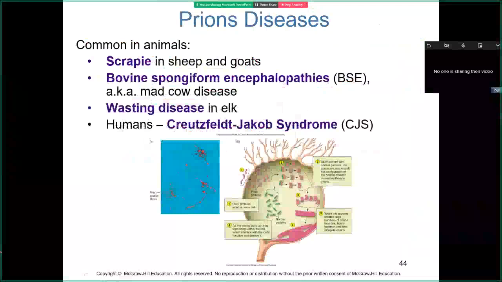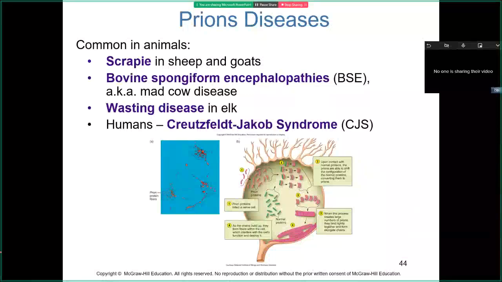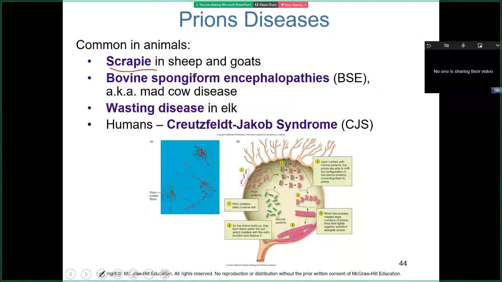All right, so some of the prion diseases that have been described. One that goes back a few hundred years is scrapie. That's been around a while, and it occurs in sheep and goats in parts of the world where sheep and goats are commonly reared for wool and milk and meat and whatever else.